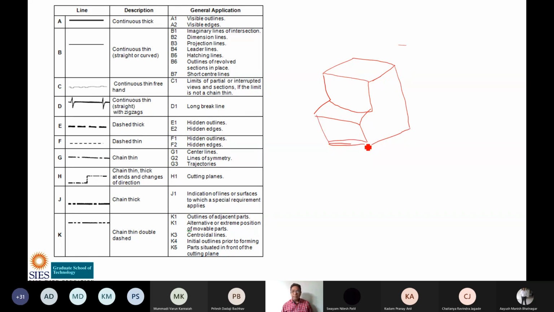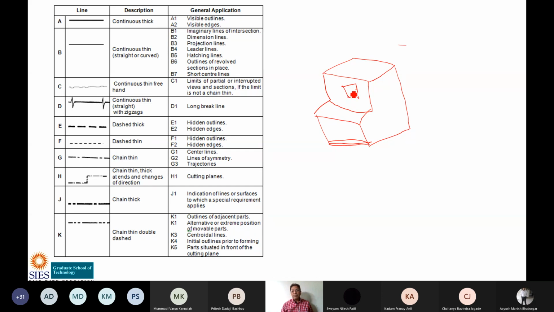This is the object. Now in this object there is a hole here, something like this. I think you can see a hole in the object, and this line indicates there is an edge of the hole.